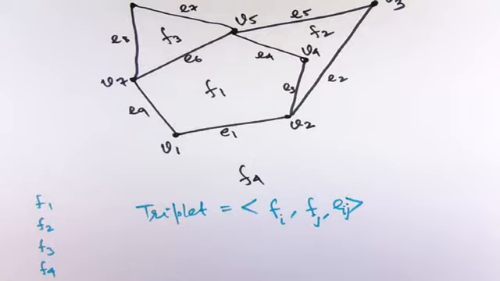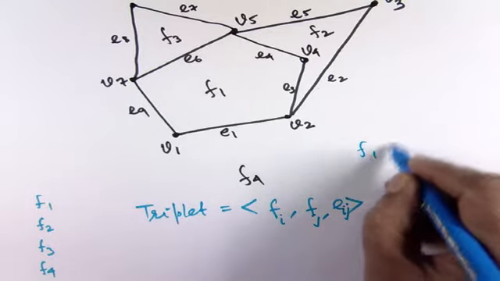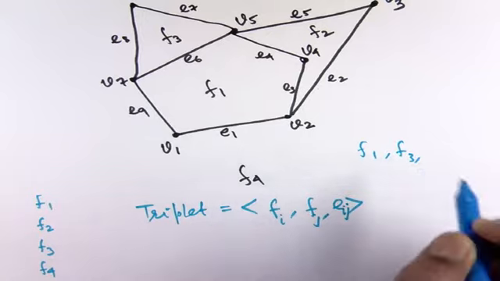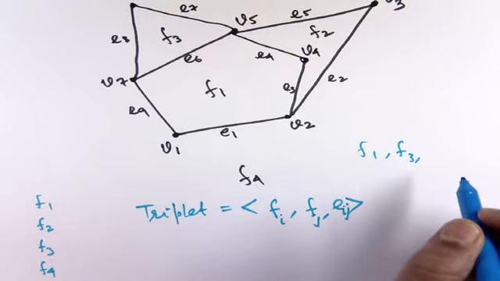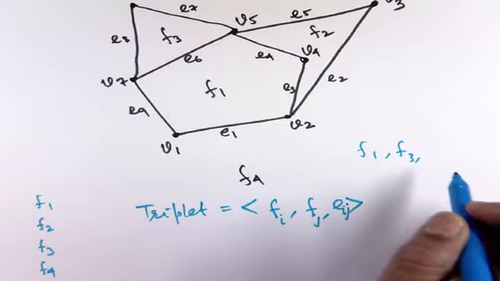Like if you have an edge. Let's start with a simpler one, not multiple edges. Say F1, F3. So F1, F3, and what do I write? Yeah, E6. That is 3, 1, 0, 0, 1, 0, 0, 0.